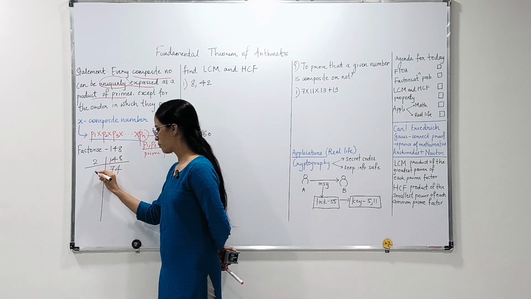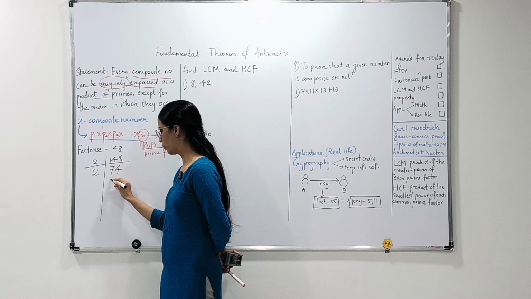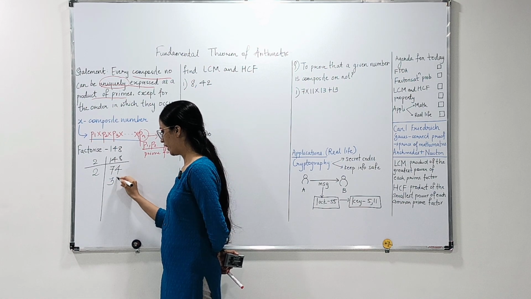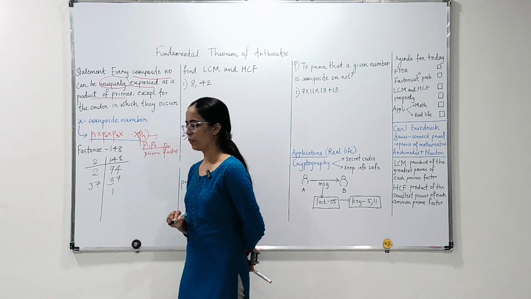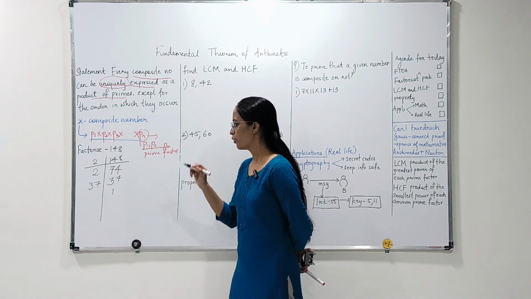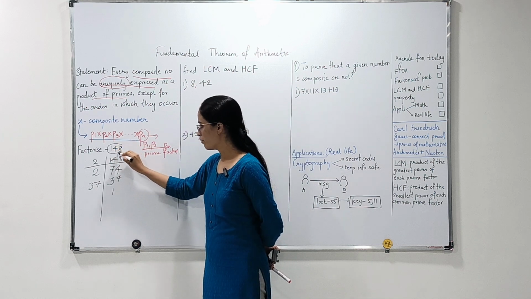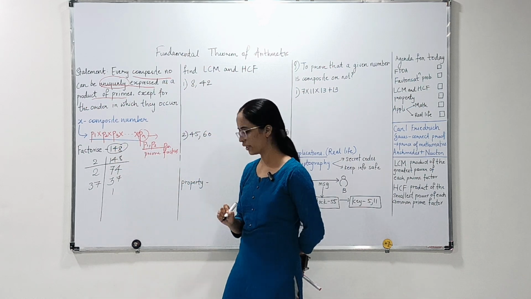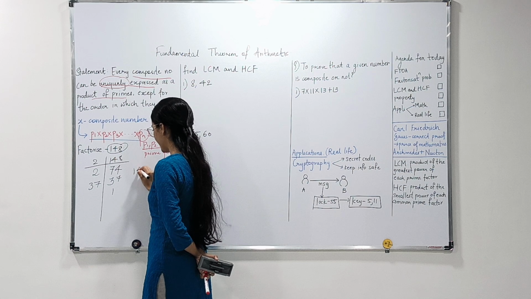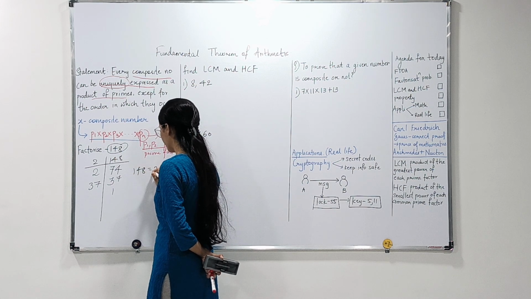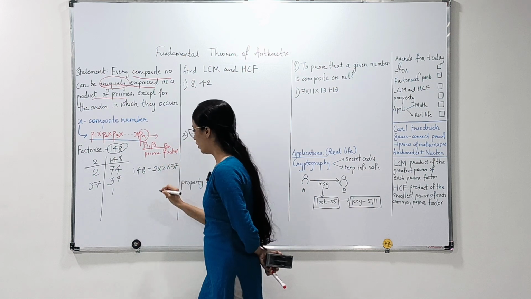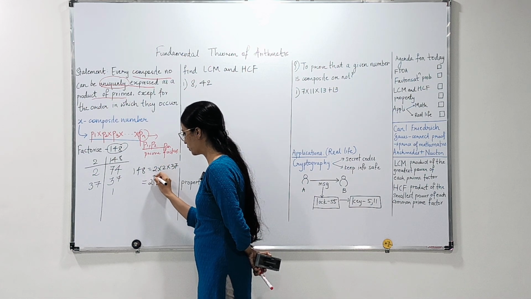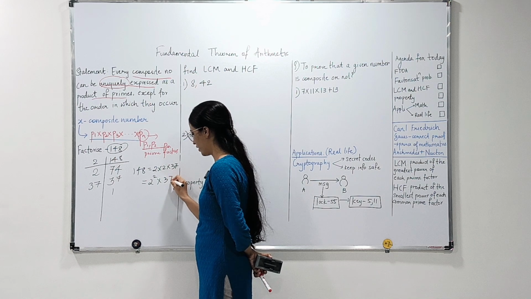Now again this number comes in the table of 2, so 2 into 37, and 37 ones are 37. So if I want to write the prime factorization of this number, it would be 148 is equal to 2 into 2 into 37, which is nothing but 2 square into 37.